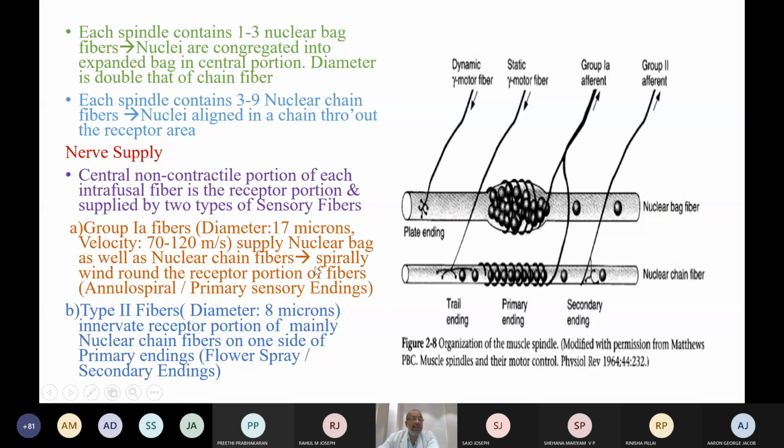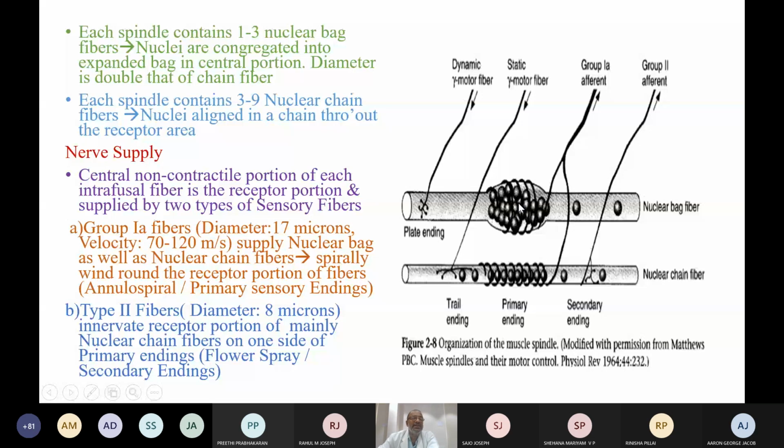Understood? You have to see that they are wound around the receptor portion, in both bag and chain. The group 1A fibers wind around the receptor area, so they are called primary sensory endings.